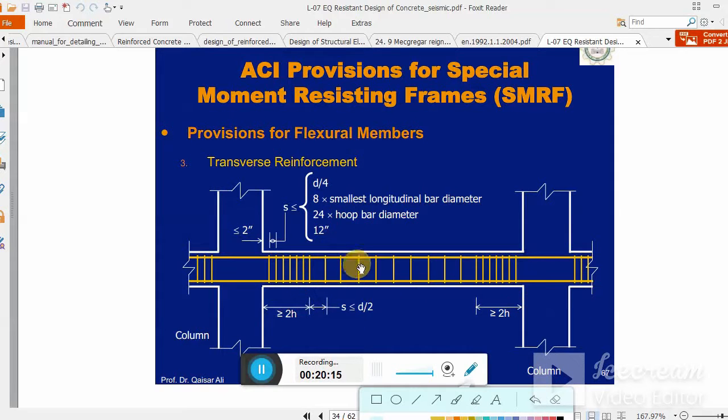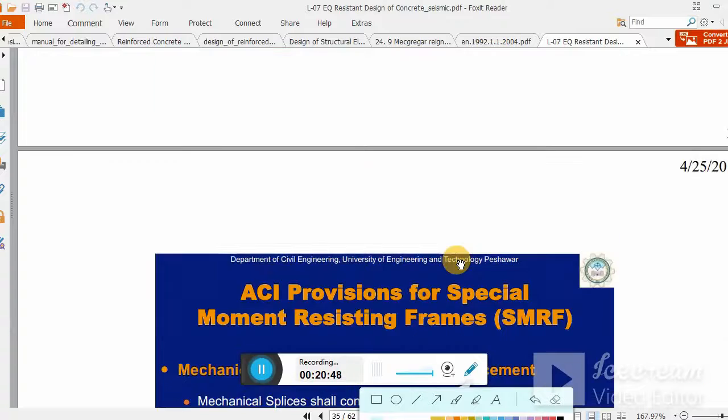This is a very low minimum value, almost 4 inch, 3 inch. But beyond that point, you see we increase the distance up to d by 2. We never increase the spacing more than d by 2. Clear? So in that case, the reporter is right. We have to use different spacing. But some structural engineers may encourage continuing this spacing through the span of the beam.